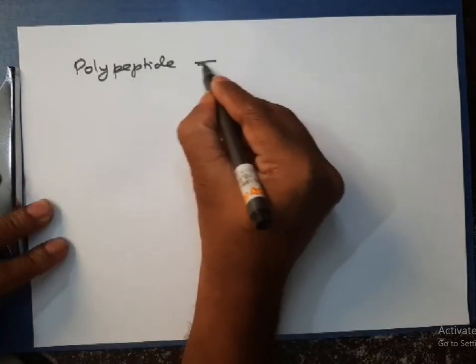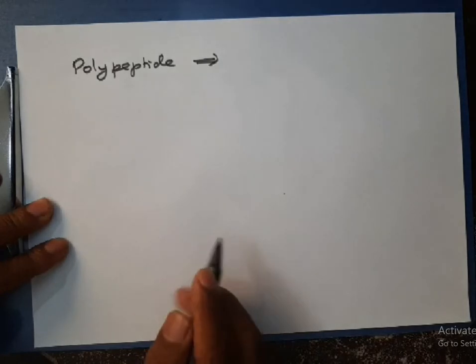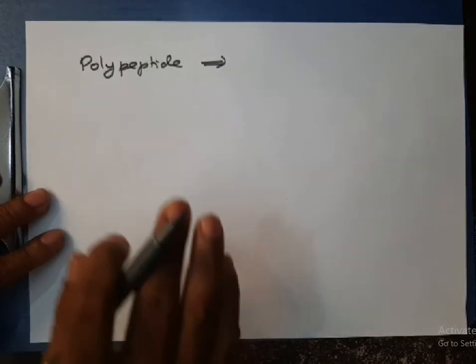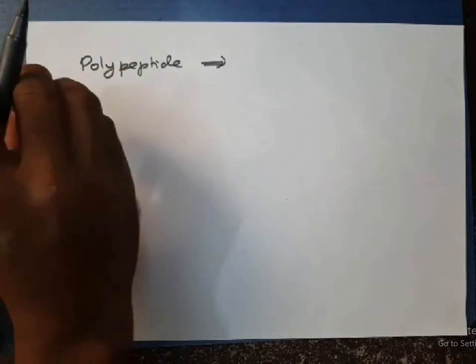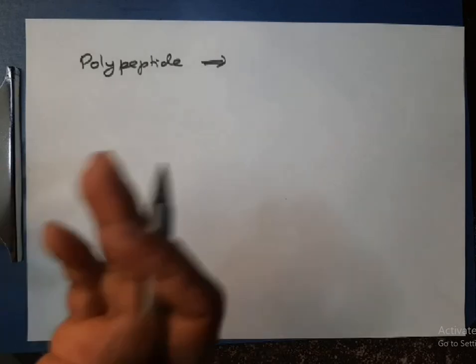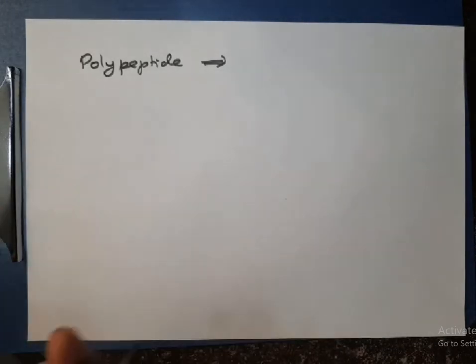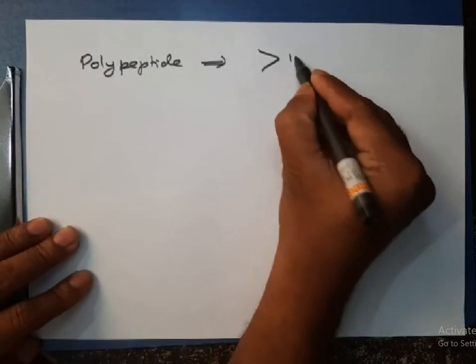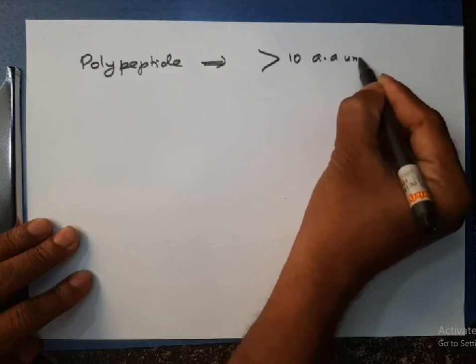Polypeptide means it consists of more than 10. Just for definition's sake, I'm saying, you can call a peptide a polypeptide if the peptide molecule, peptide meaning chain, contains more than 10 amino acid units.